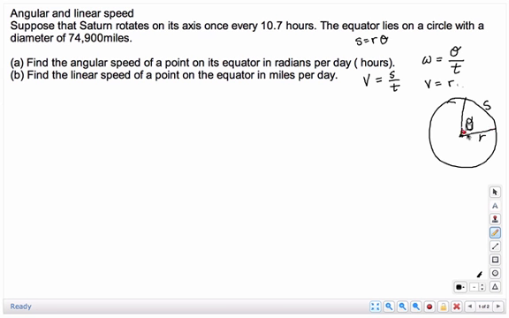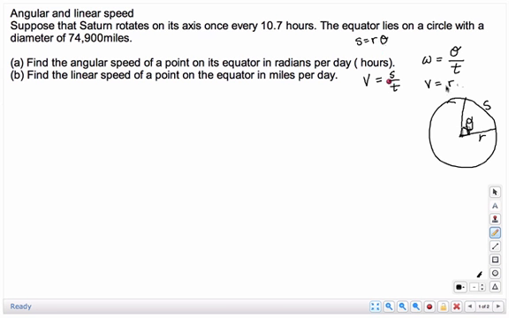The arc length is going to depend on the length of your angle and the length of the radius. So you can see if my arc length was close to this center point, then my S value would be a lot smaller than if my radius is a lot bigger. So we have this equation: the arc length S equals the radius times the angle.